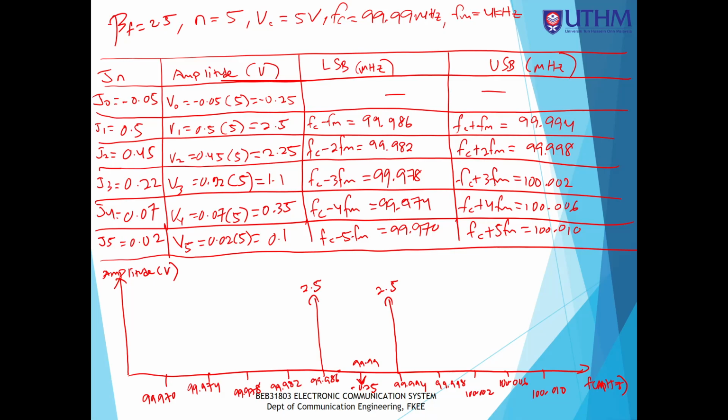So 2.5 and then 2.25, and then 1.1, and then 0.35, and then 0.1.